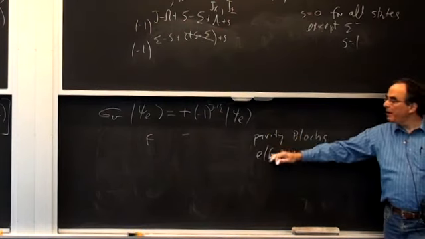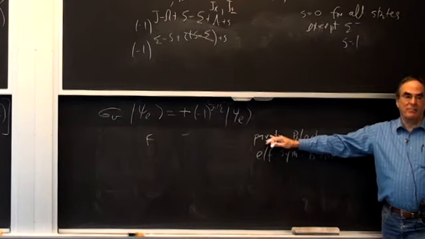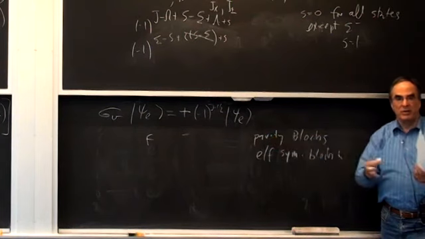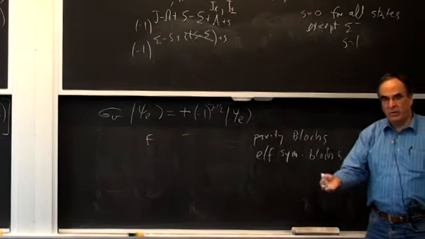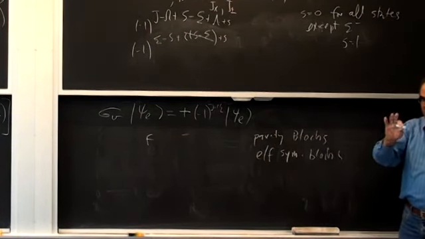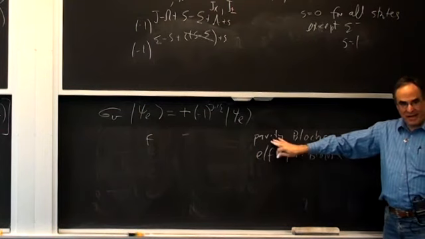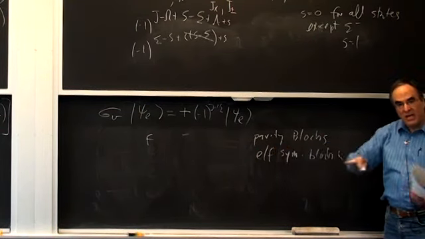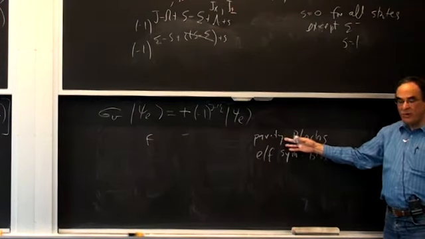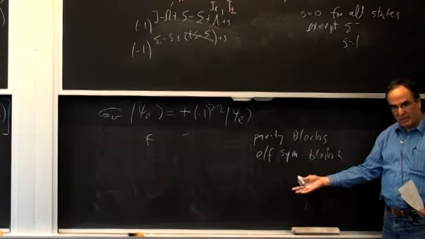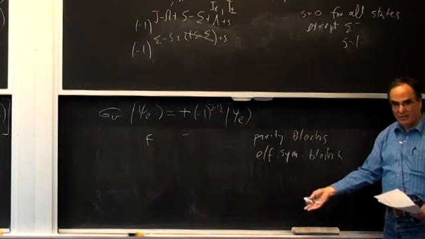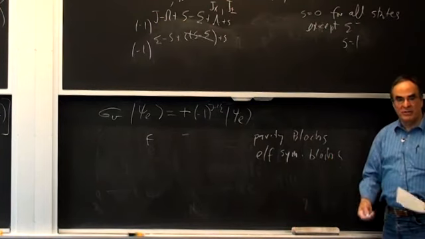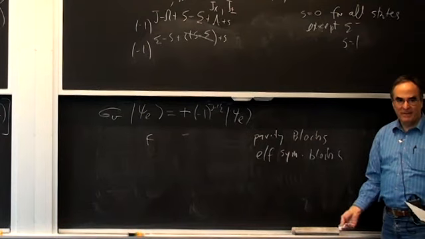And so parity and EF differ by a factor of -1 to the J. And so all we're doing is going to a parity basis, and we're doing some stuff with signs of off-diagonal elements. And it doesn't change anything. It just leads to a simplification of the level structure, or the labels on the level structure, which turns out to be of enormous value when we try to understand what we see in a spectrum.